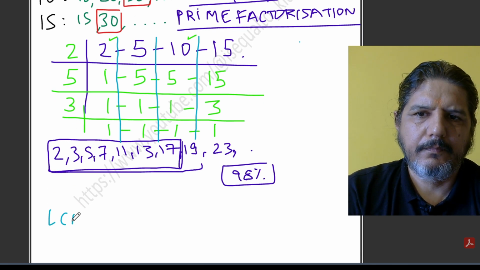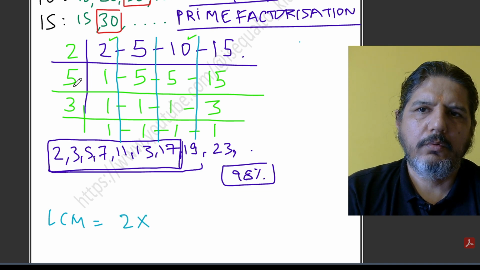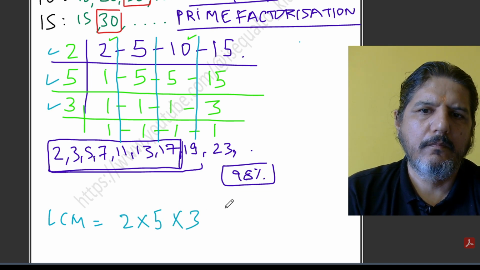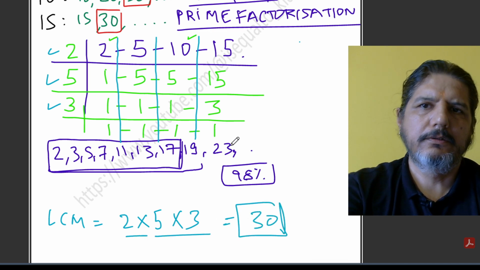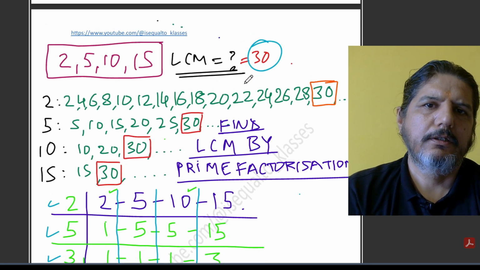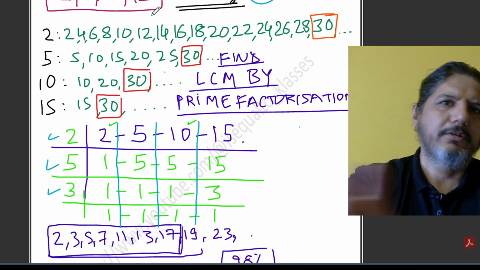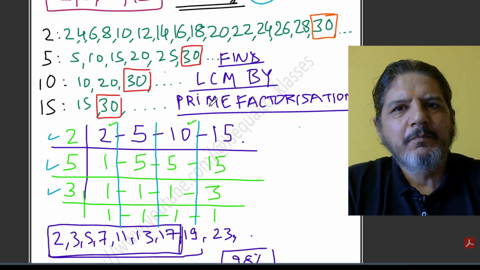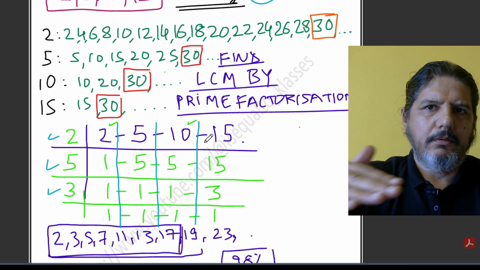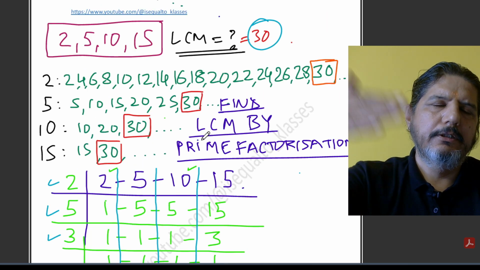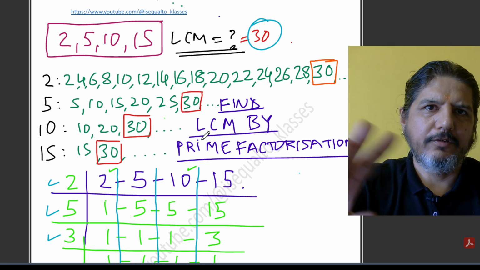The LCM would be 2 multiplied by 5 multiplied by 3. So 5 3s are 15, 15 2s are 30. The LCM is 30. Here also, if you see, the LCM was 30. So this is a shorter method rather than writing all the common divisors. I'll be using these same numbers when I'm doing the addition of fractions also. So don't worry, this will be very useful for me.